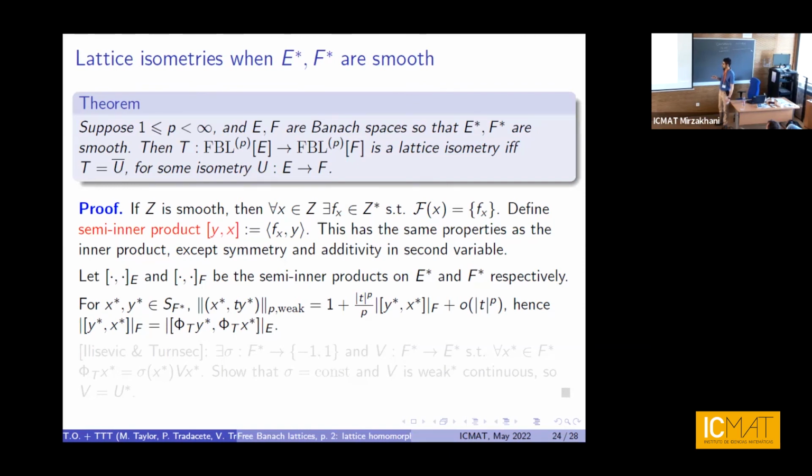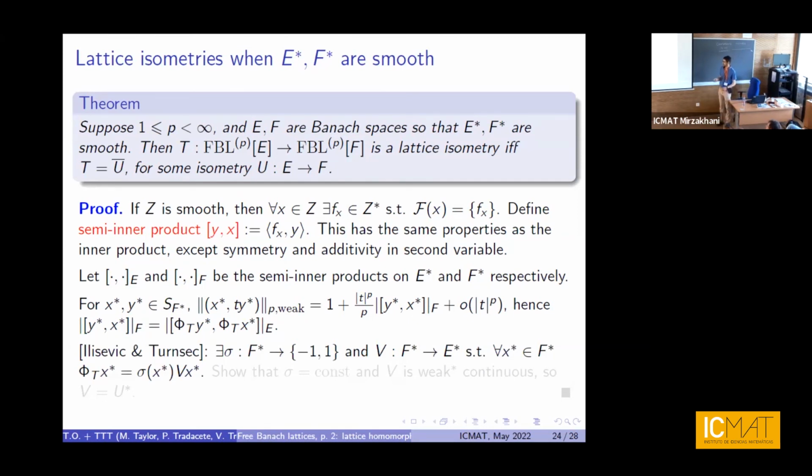So if you look at the p-weak norm of this pair X T by star, if you look at the asymptotic behavior as T goes to 0, then we have this, and the same will be true for this is what happens in F star. The same will be true in E star. So this means that the map phi T preserves a semi-inner product.